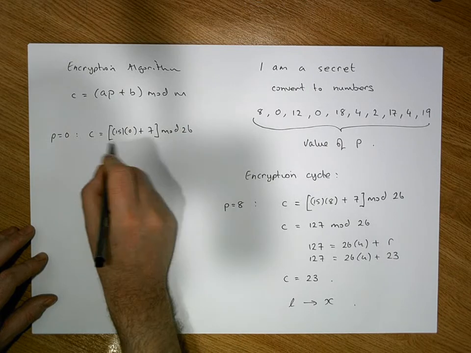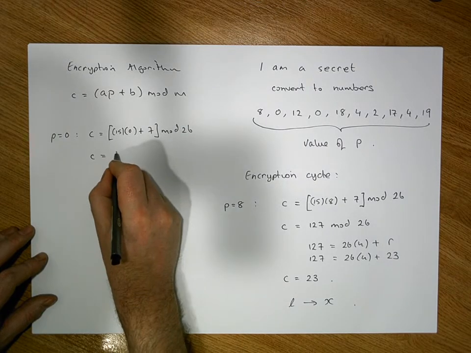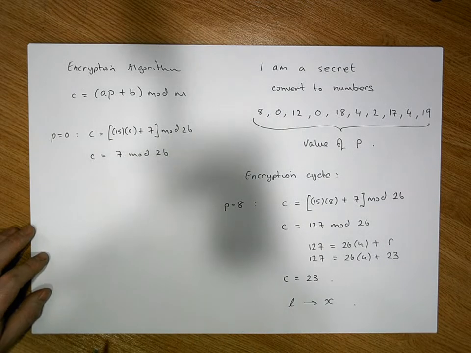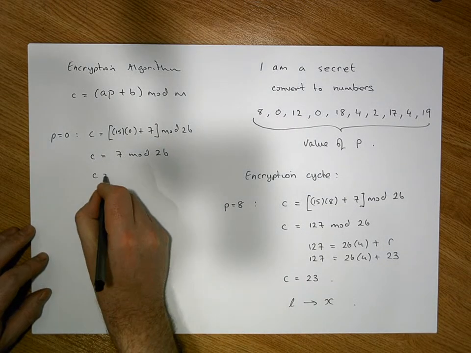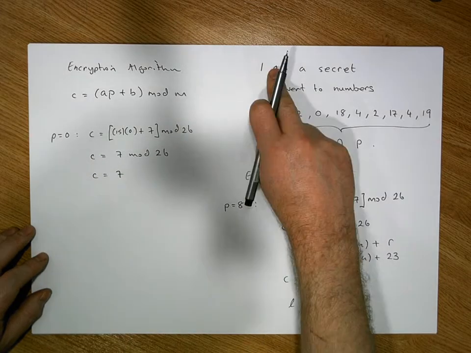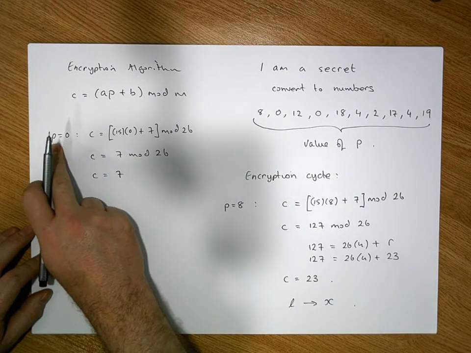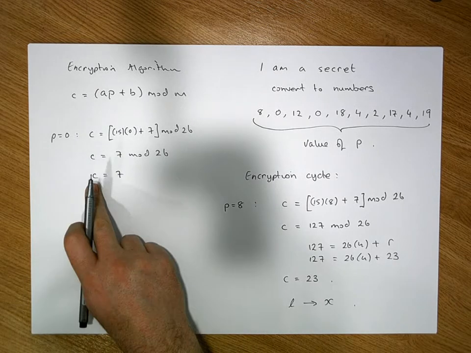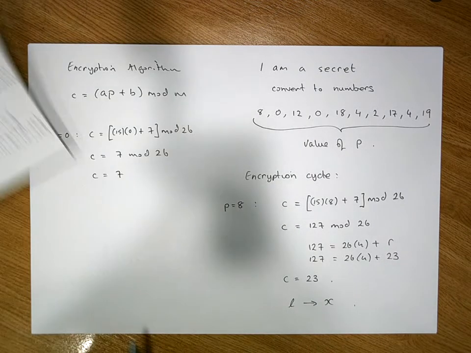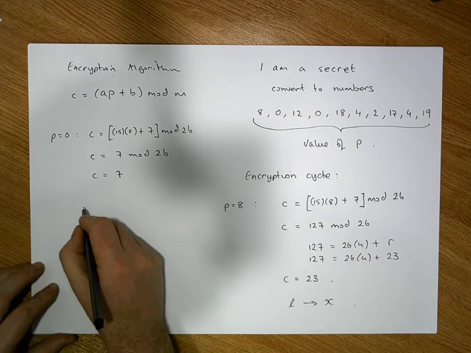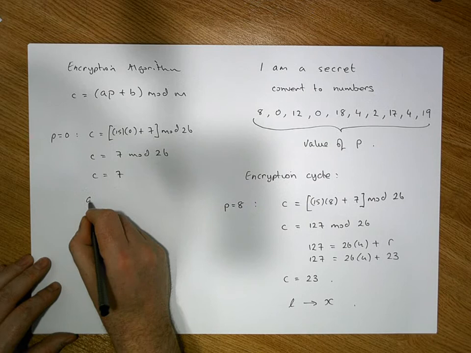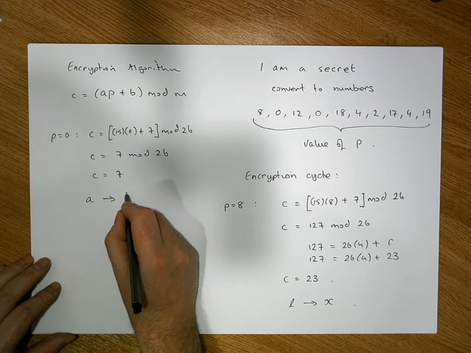This gives us C equal to 7 modulo 26. 26 into 7 goes 0 times with a remainder of 7, so C is equal to 7. The letter A, which represents a 0, is encoded to 7, and 7 is an H. So the letter A is taken to the letter H.